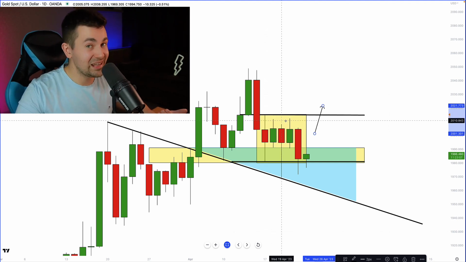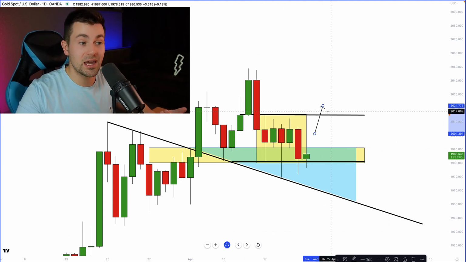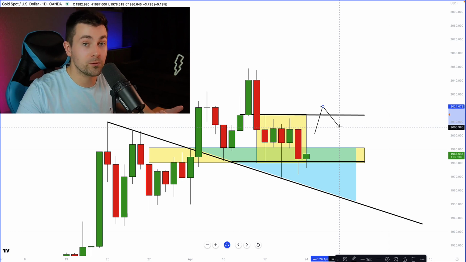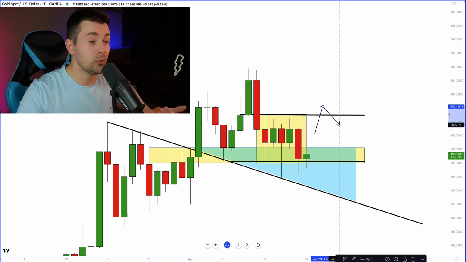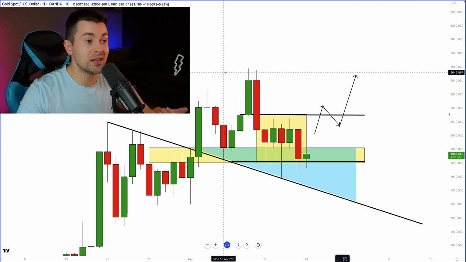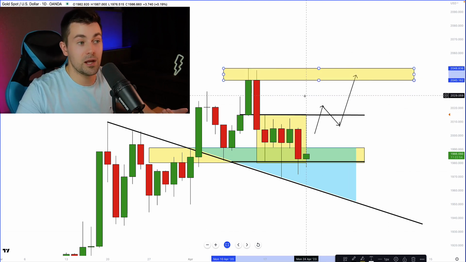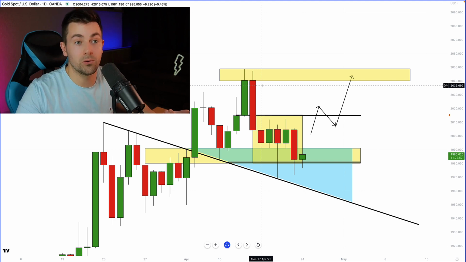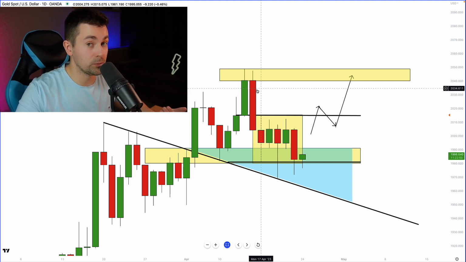Only when the daily candle closes above that, it will confirm for us that bulls are here, that bulls are willing to push, and then we will expect a bullish continuation at least to that resistance, at least to current high. That will be the first goal for buyers then.